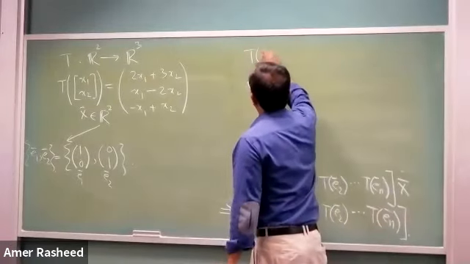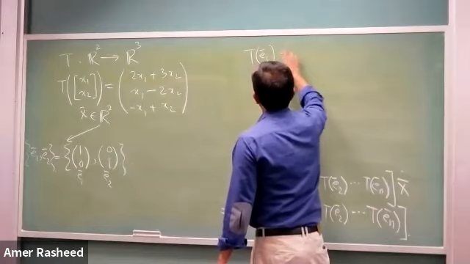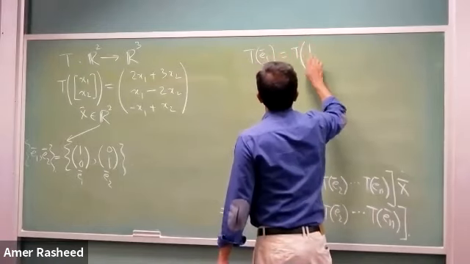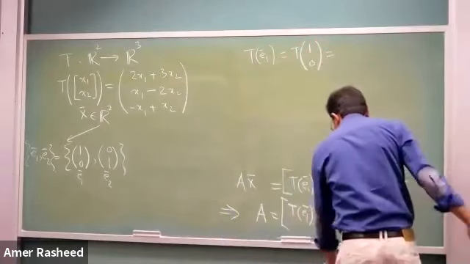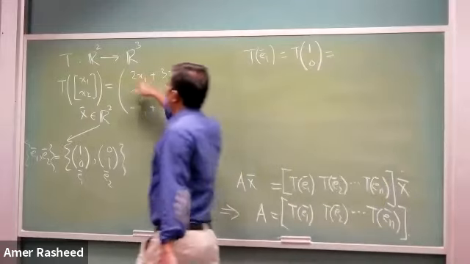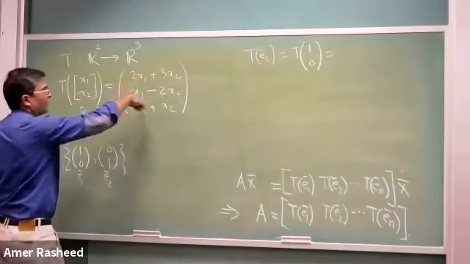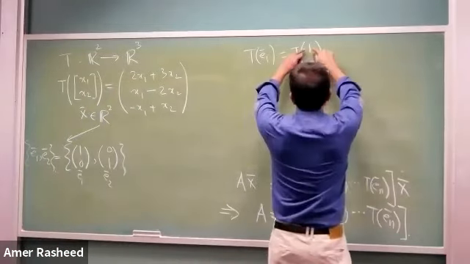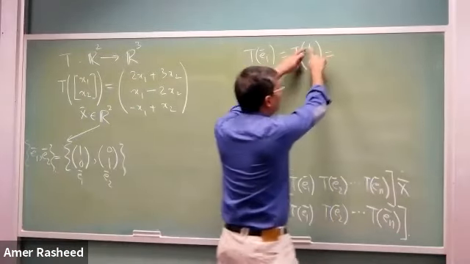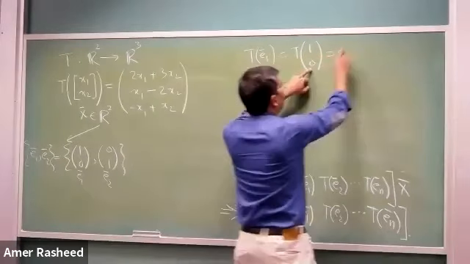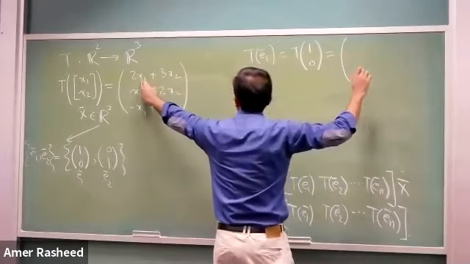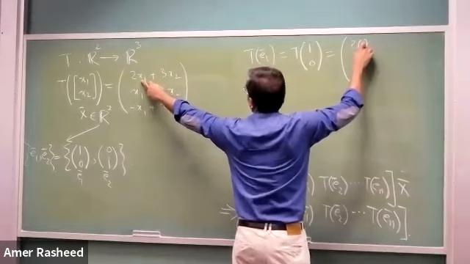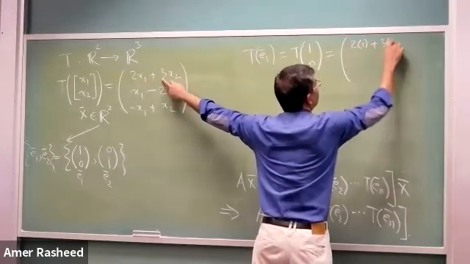First we find T of E1, which is in fact T of 1, 0. We just put this 1, 0 in this definition here, and you get T of E1. x1 is 1 and x2 is 0. So according to this definition, it is 2 times 1 plus 3 times 0.